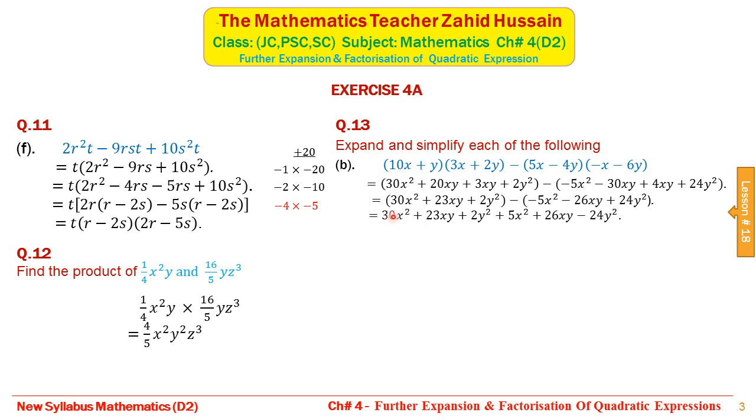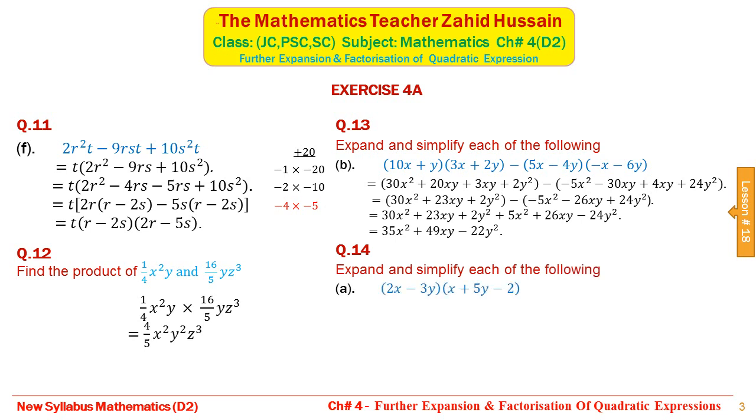Now we will collect like terms from this. 30x square plus 5x square, 2y square minus 24y square, and 23xy plus 26xy, they are like terms. So 30x square plus 5 is 35, 23 plus 26 is 49xy, and 2y square minus 24y square is minus 22y square.